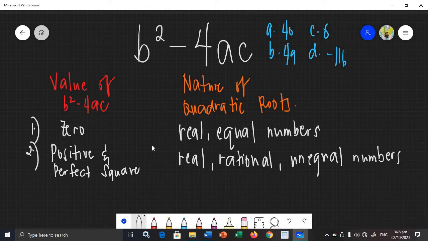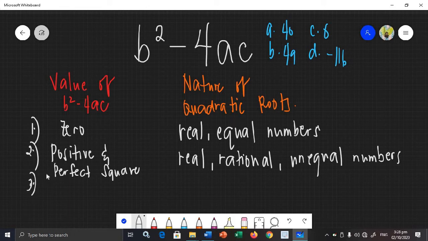So, pag halimbawa, yung discriminant na na-compute mo ay positive at the same time perfect square like letter B, meaning kapag kinompute mo yung quadratic roots ng quadratic equation na yun, makukuha mong roots ay real, rational, and unequal numbers.